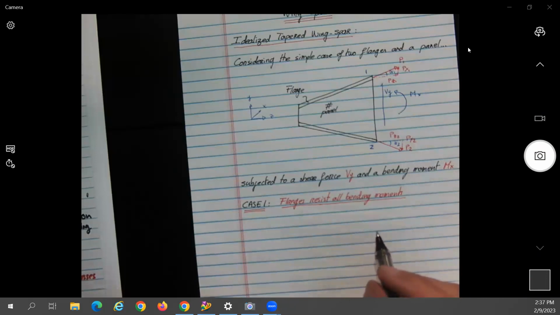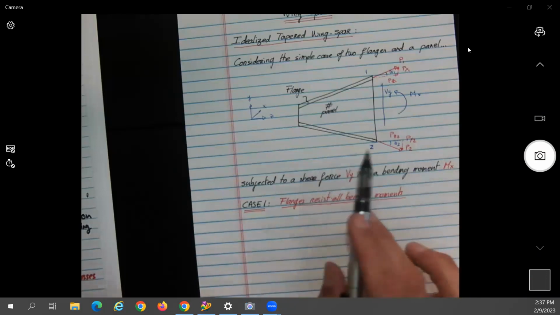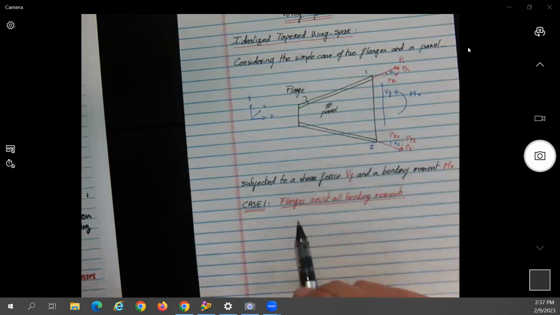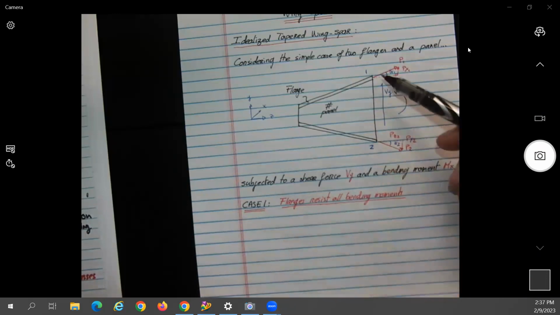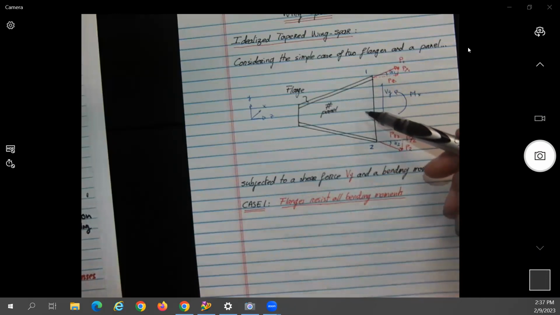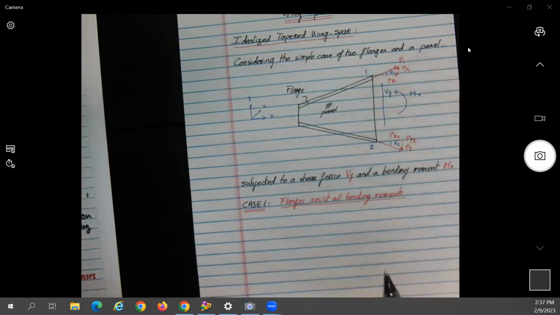So that means that in this case, the only thing that is going to be resisting the bending moment will be the two flanges or the two stiffeners. We said that the skin that is around will not be resisting it.